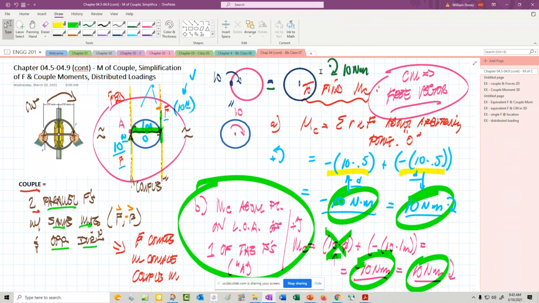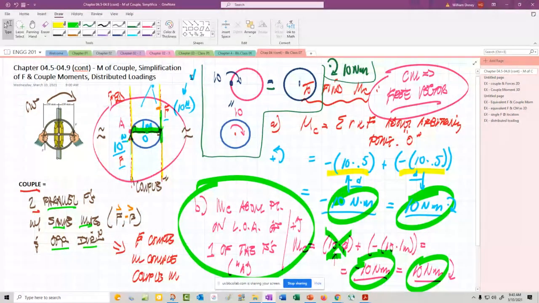So we can put it anywhere on the drawing, as we've shown right here. We can put it anywhere in the drawing. So it's very important: a couple moment is a free vector. All right, so real quick, let's rehash that. If we're in 2D, the moment will basically be force times distance.